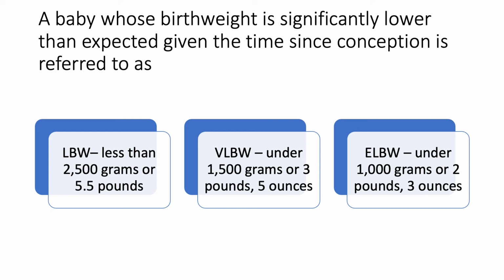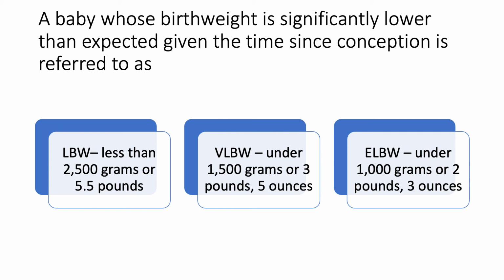Other issues that may be faced by a new mother are infants that are born and described as low birth weights. And of course, there are consequences to low birth weight. The most common cause of low birth weight in most countries is actually malnutrition.